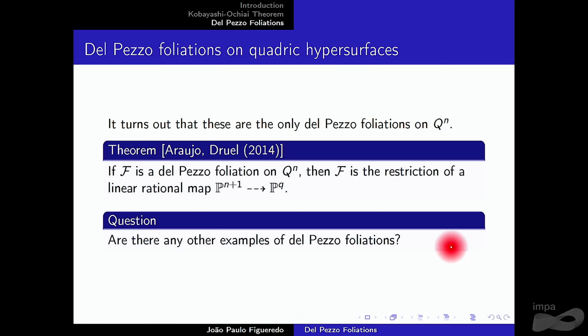And I will be very particular here when the Picard number of the variety is 1. So the question is that, and let me try to answer this and say that the answer in the case of Picard number 1 is no. These are the only Del Pezzo foliations on manifolds with Picard number 1. Okay.